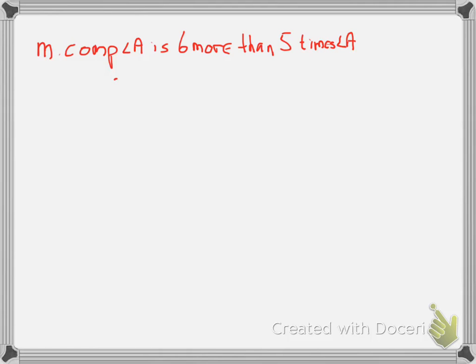So we're going to let x equal the measure of angle A, the one we're trying to find in this case. Now, we also have its complement involved. That would make 90 minus x equal to the measure of the complement.